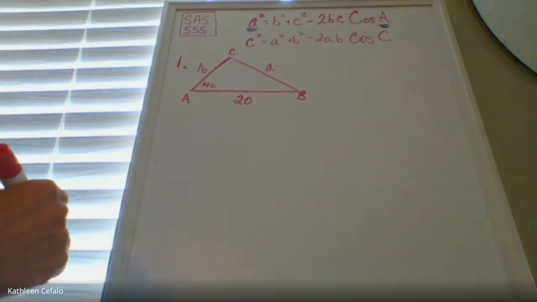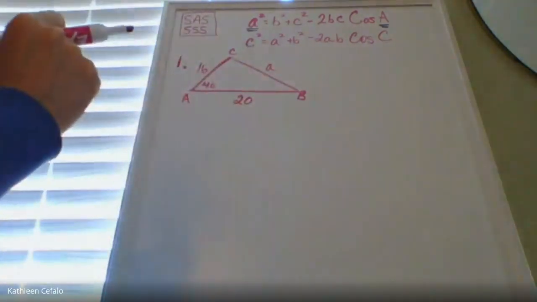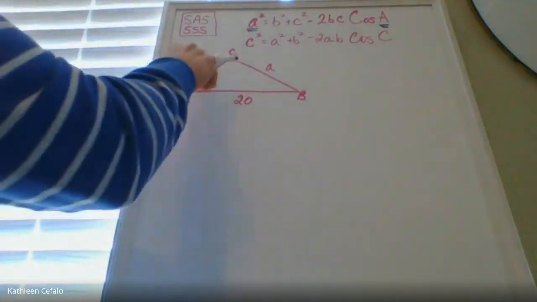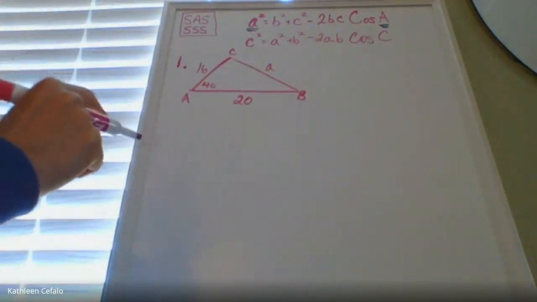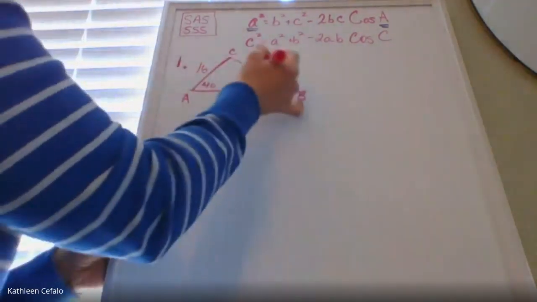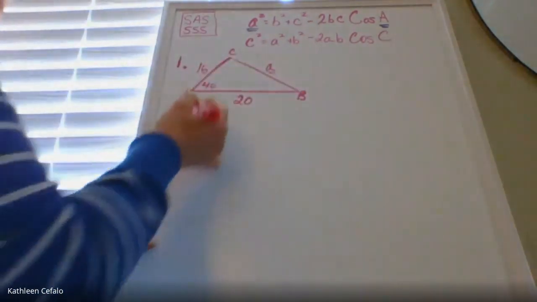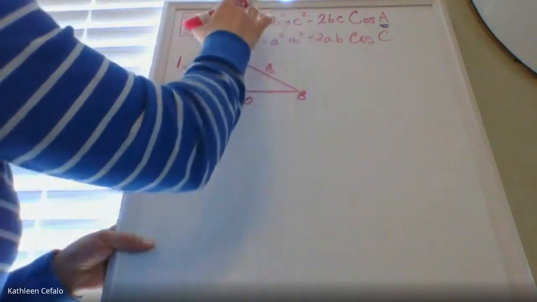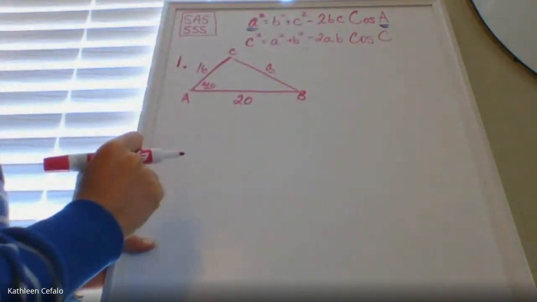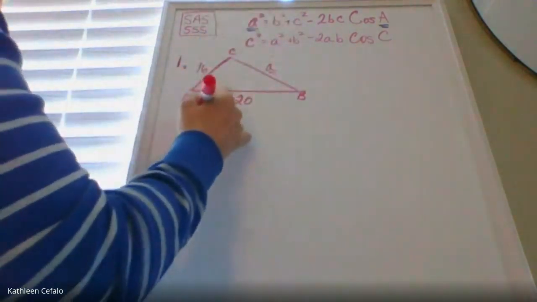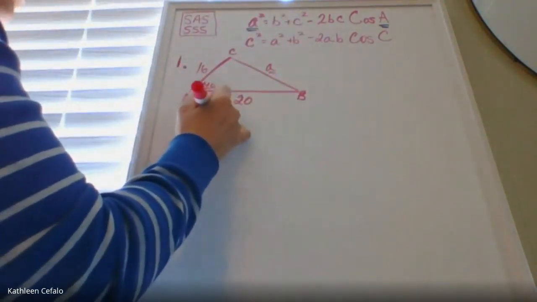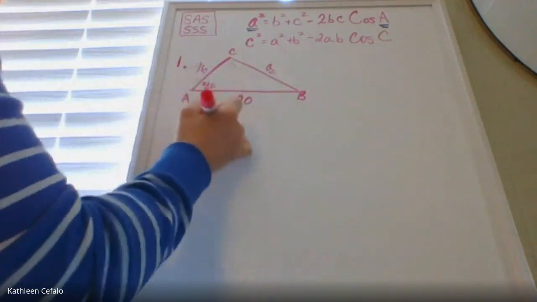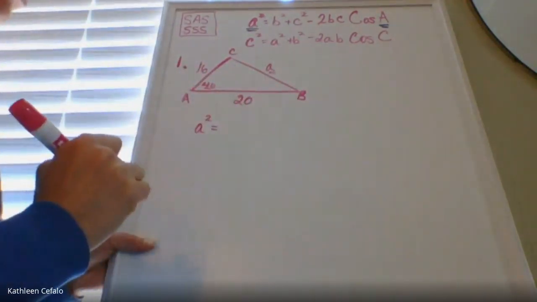So we're going to find a, and we're using law of cosines because I have a side, angle, side case. How do I determine this? Since I'm looking for side a and I'm given angle A, those are my bookends of the formula. I don't know that side, but I know the angle opposite, so that's going to be the side by itself in the formula.